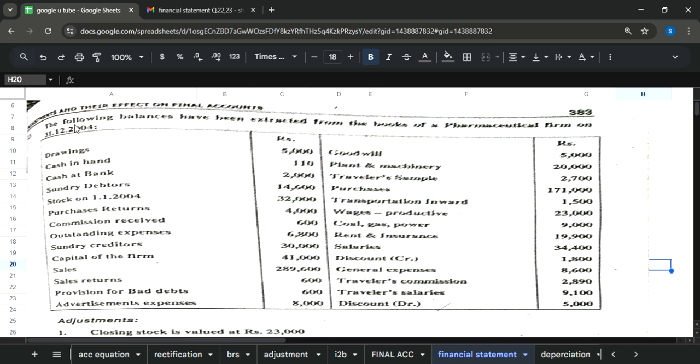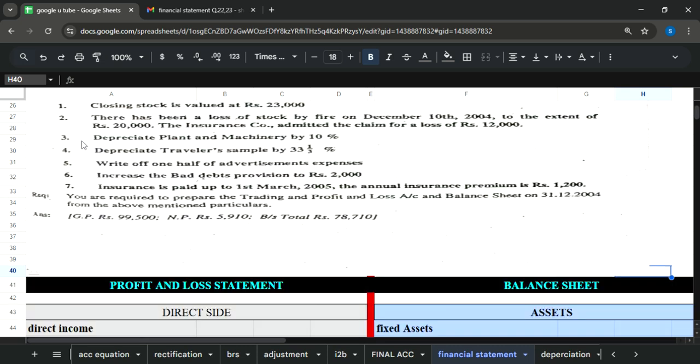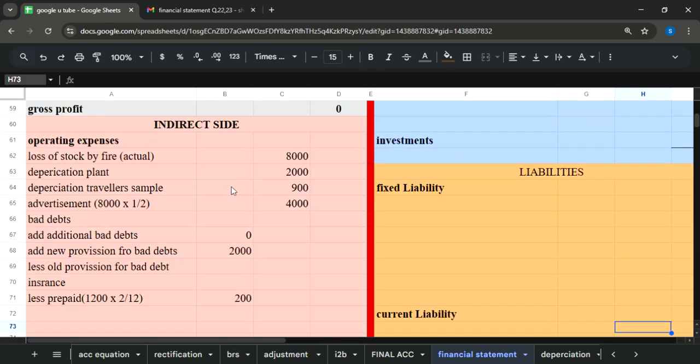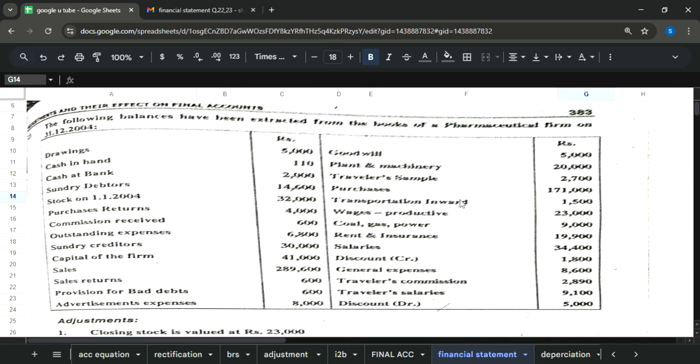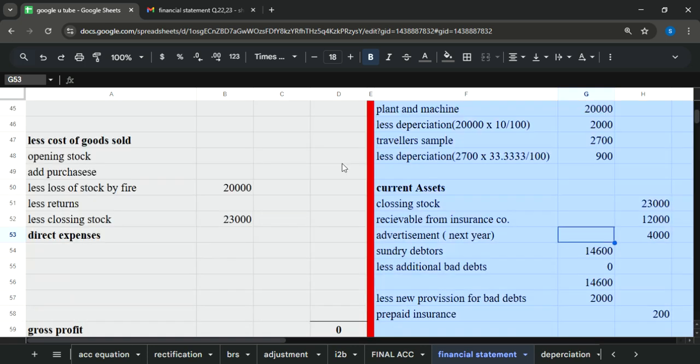So first we have drawings. We will go to fixed liability and here the statement of capital. Then you will add your net profit and then you will subtract drawings. The amount of drawings given in your question is 5000.